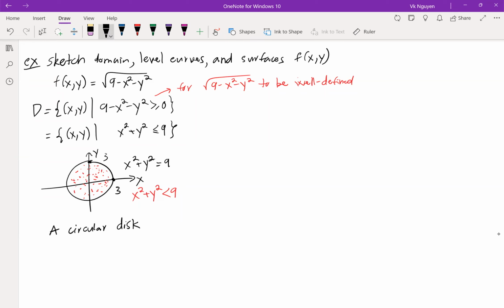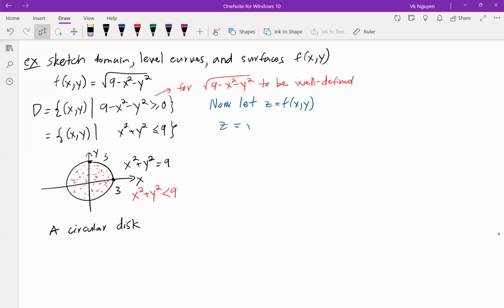Next, in order to figure out the level curve, you're going to have to set f(x,y) equal to z and work it out to see exactly what is going on here. Next time if I write z, you automatically know it is f(x,y).